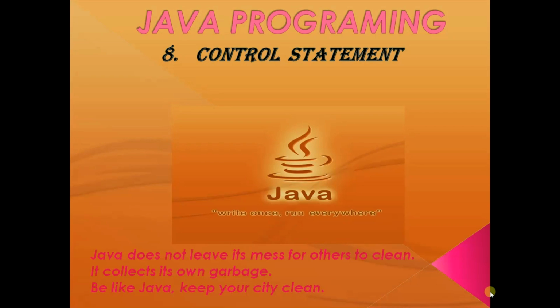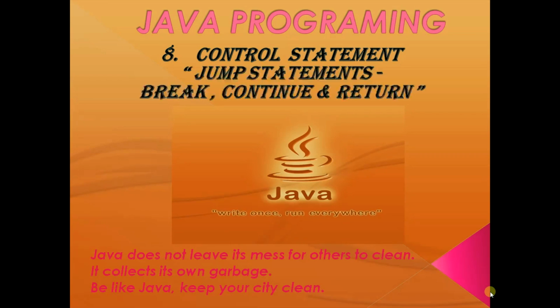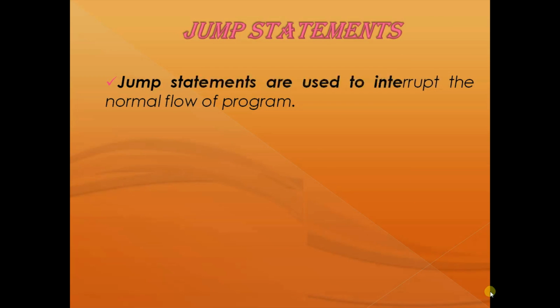In this video, we will see how to use jump statements, which is another type of control statements in Java. So, jump statements are used to interrupt the normal flow of program. In Java, jump statements are mainly used to transfer control to another part of our program depending on the conditions.